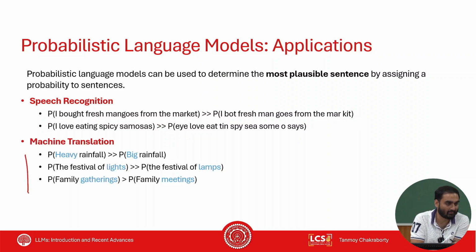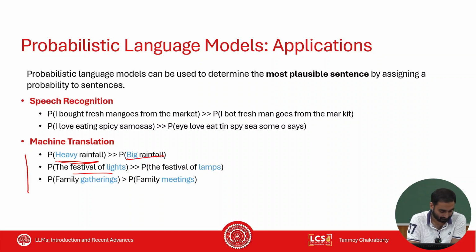Okay. Similarly, machine translation deals with translating from one language to another language, right? Let's say you are confused between heavy rainfall or big rainfall, right? Big brother, large brother, right? So the model should be able to say that heavy rainfall is more likely than big rainfall, or the festival of lights is more likely than the festival of lamps, right?